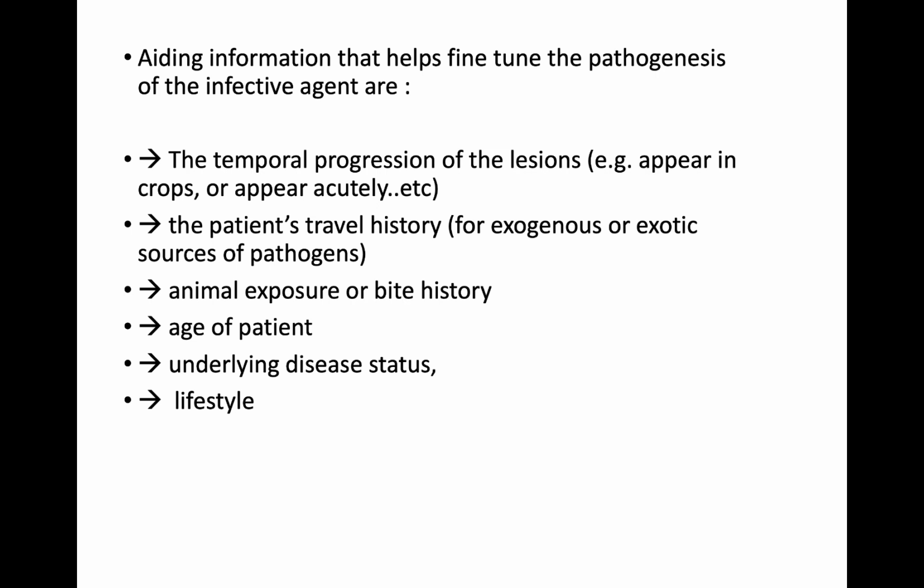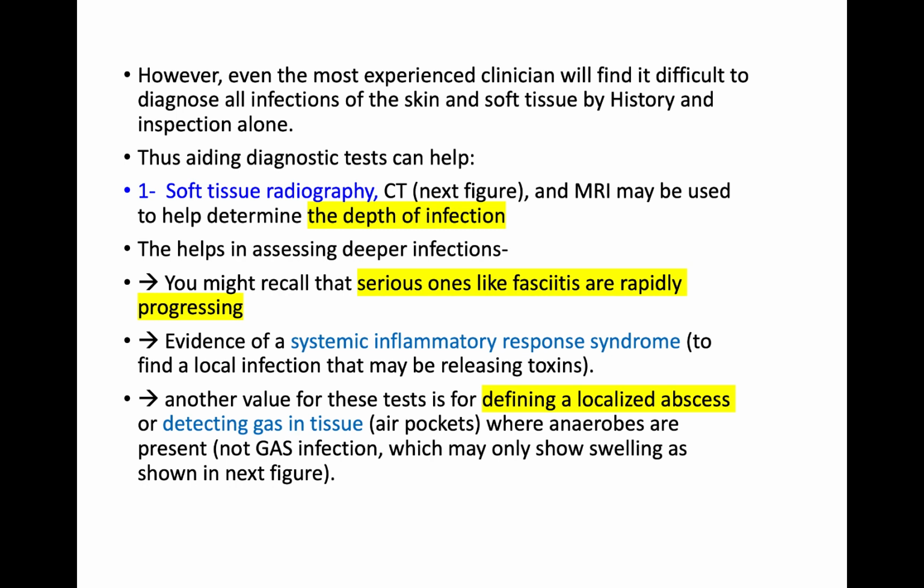Then the patient's history: travel history or not, pets or not, animals or not, age, sex, sexual contact, not just sex as in gender, underlying diseases, and his lifestyle as well. However, even the most experienced clinician will find it difficult to diagnose all infections of the skin and soft tissue by history and inspection alone.